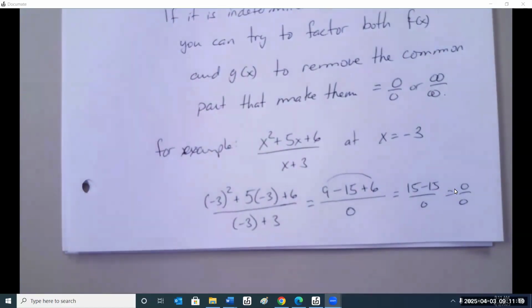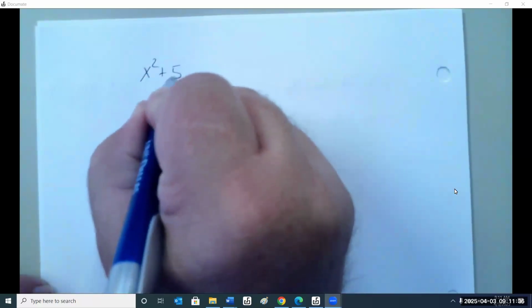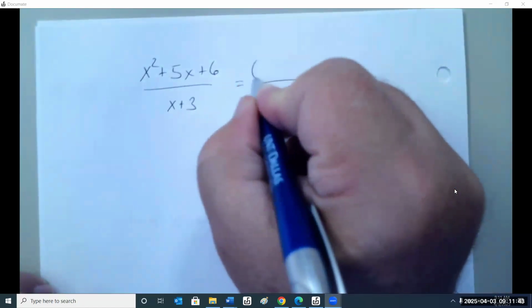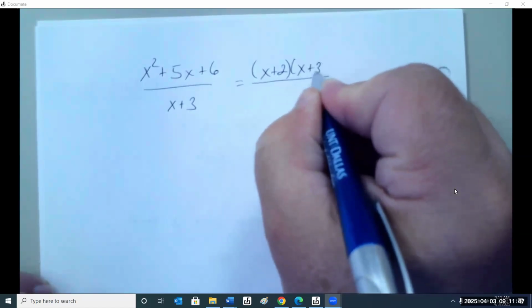Whenever you have that, that tells you that both of these equations have to have something in common that makes it equal 0. So what you can do, if it's simple enough, is factor out these equations the best you can.